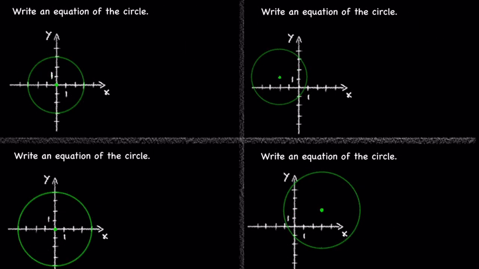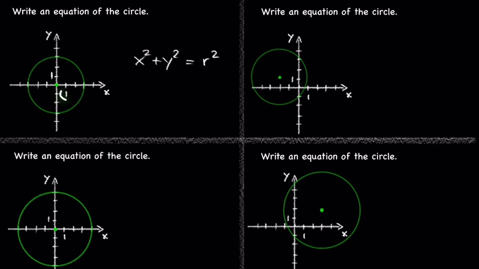Let's look at the next four examples. Write an equation of the circle. The equation for the circle whose center is at the origin is x squared plus y squared equals r squared, where r is the radius of the circle. The radius is, let's see, 1, 2, 3.